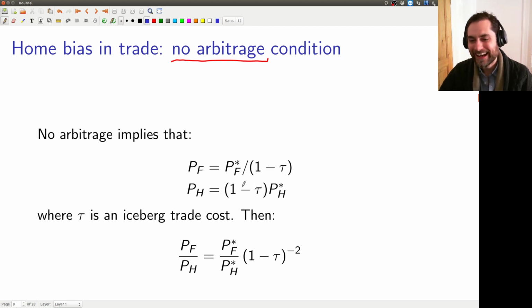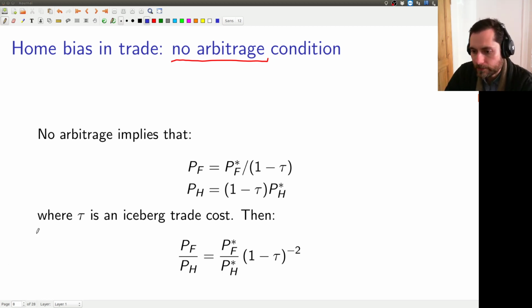I say that as though it's obvious, but it turns out that's a standard way of modeling trade costs. Sometimes they're called iceberg trade costs. The idea is that if you put a certain amount on a ship, some of it melts on the way to the destination. It's convenient mathematically, but it's equivalent to thinking of the cost of trade as a percentage of the value of the good. That's going to work the same way.